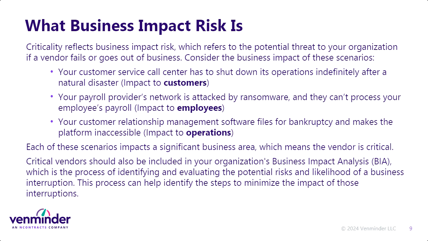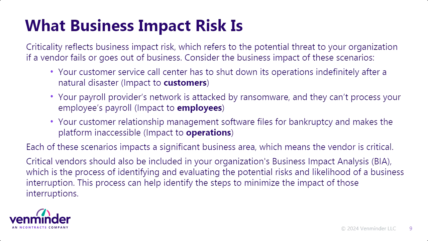Although critical is not a risk rating, I do want to explain how it reflects or represents something known as business impact risk. This is the potential threat if the critical vendor fails or goes out of business. The 3 examples shown here describe different types of business impacts. First would be the impact to your customers, such as a customer service call center shutting down after a natural disaster.